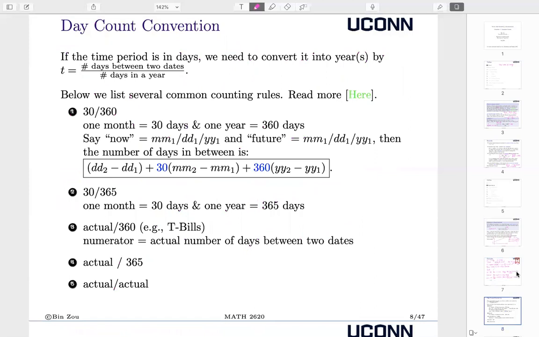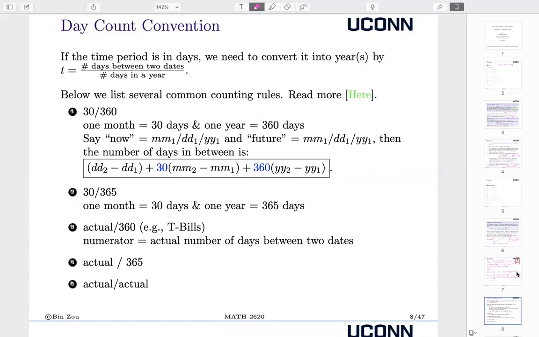Here is the one I mentioned earlier. Sometimes between 2 dates, when you do the counting, you get a number of days, and you need a certain rule to convert the number of days into years, because in practice all interest rates are quoted with respect to 1 year.